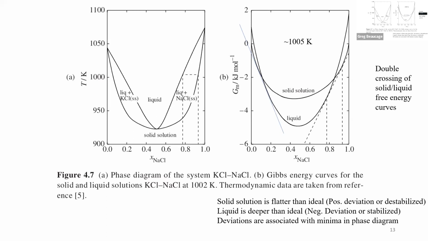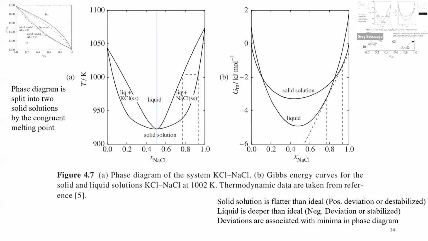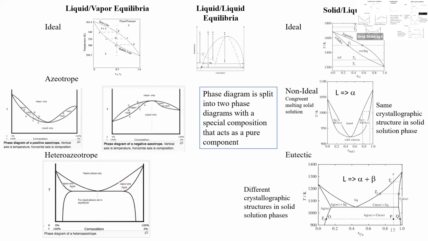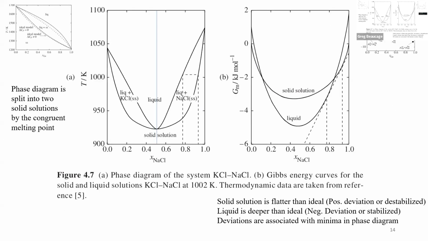Anyway, that's how you get the next step of complication, which is congruent melting. So it's kind of like this. You could think of this as having separated the phase diagram into two regions. In other words, you have two lenticular regions, one there, one here, and it's just flipped over. The composition goes backwards on the other one.